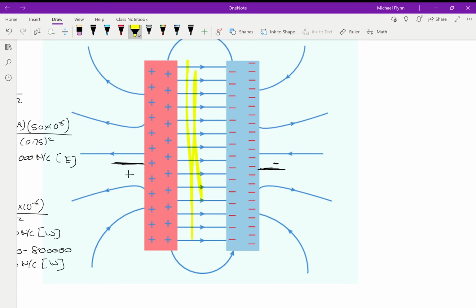In this zone in here, that yellow zone, the field is perfectly uniform. Well, at least it looks that way here. Uniform. Okay, so in other words, the field strength is the same intensity everywhere.